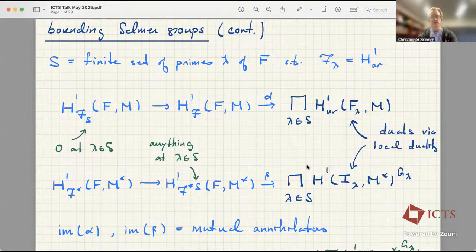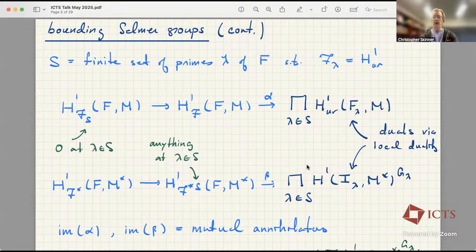That's what I'll call this map alpha in the top here. And don't worry too much about the kernel. So the kernel is also given by some collection of local conditions, but those local conditions are now that we're zero at those finite collections of primes Λ.